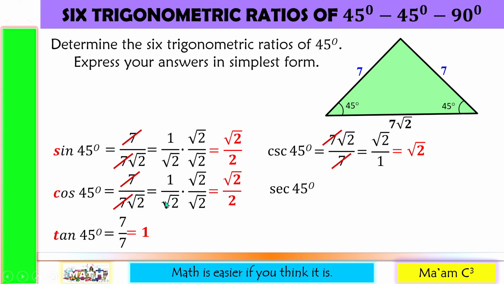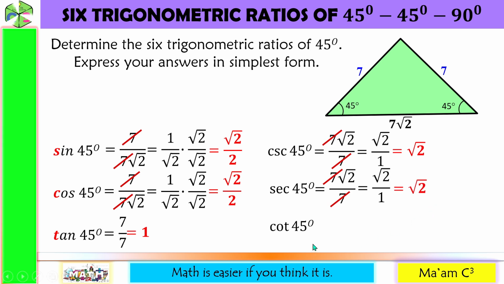Let us invert this. 7 square root of 2 over 7. 7 and 7 will cancel out. Again, square root of 2 over 1 or square root of 2. And the last one, cotangent 45 degrees. This is the reciprocal of tangent 45 degrees, so 7 over 7 still, and that is equal to 1.